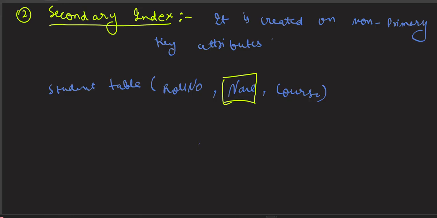Suppose the roll number is not there, then name becomes the secondary index.